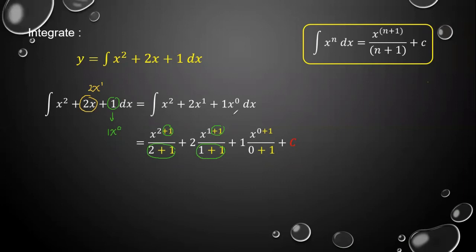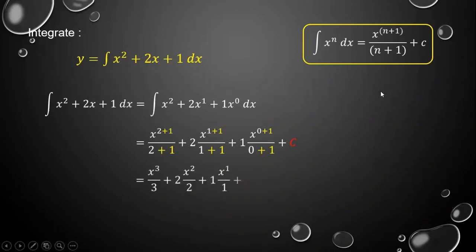And we can apply this concept again to x to the power of 0: 0 raised by 1, and over by the power raised by 1. Right? That's very easy. So we can simplify this equation.